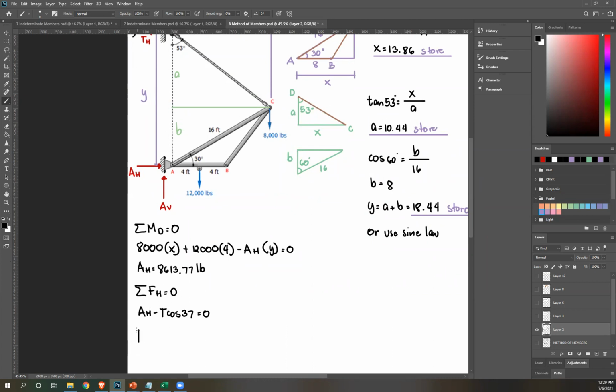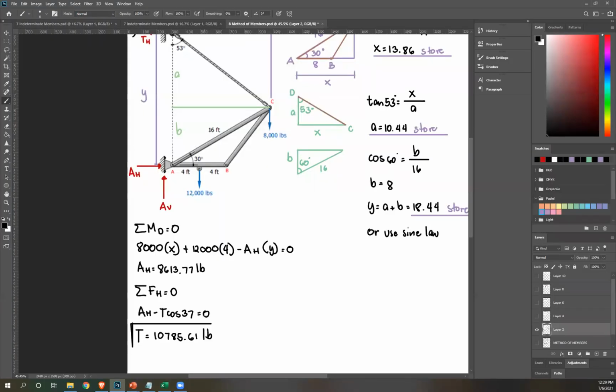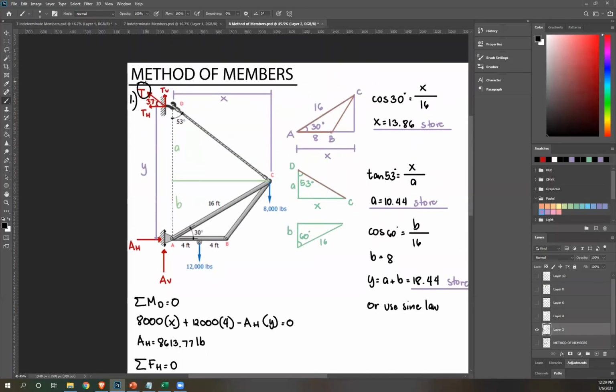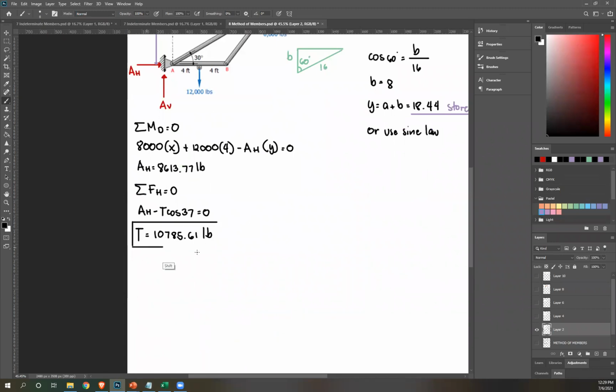I can solve for T. Solving for T, we should get 10,785.61. Don't forget the unit pounds. And that's actually one of our being asked variables in the question, right? Tension on cable CD. And it's this. We solve for that. This value reaction of T here is the same as the tension in this cable. Okay? So that's our first answer.